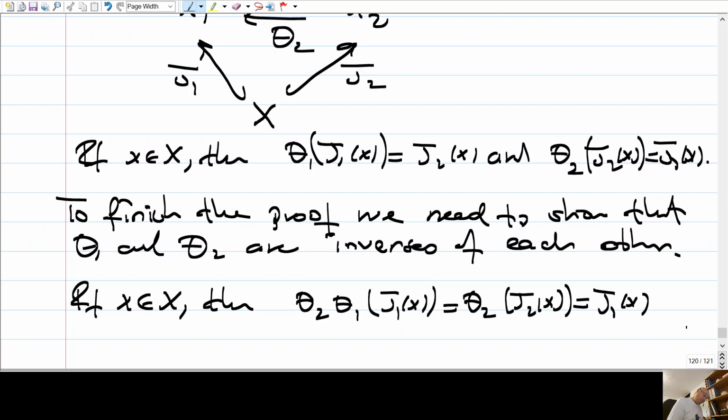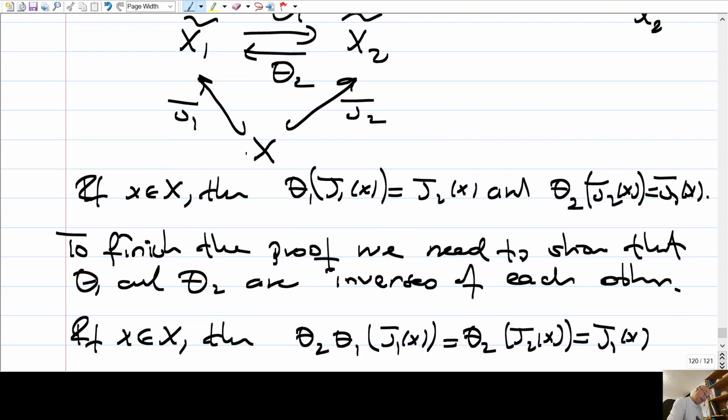So if I start with an x here, its image is here, j1 x, and on j1 x, this composition is identity.